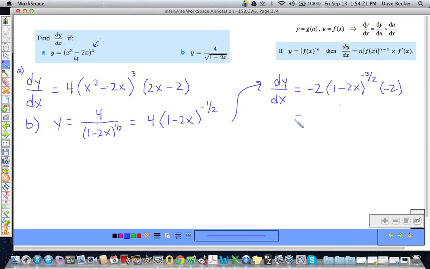But a negative 2 times a negative 2 is a positive 4, and we are done. I guess we should also say that this could be written as 4 over the square root of (1 minus 2x) cubed. That's just bringing this to the bottom and rewriting it as a radical.